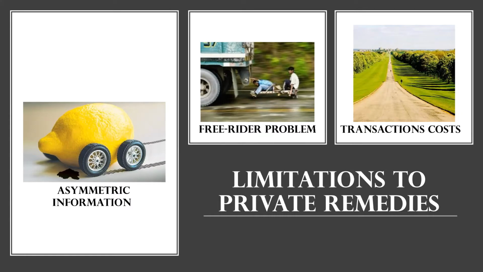And here I have the little lemon with wheels, which, you might recall, you might have read somewhere, the market for lemons was an article that came out in reference to the market for used cars, right? And if you've heard the expression, you bought a lemon, that's what they're talking about, right? You bought a car that was not what you thought you bought, but because of the asymmetry of information between buyer and seller, you had no idea that you were buying a lemon.